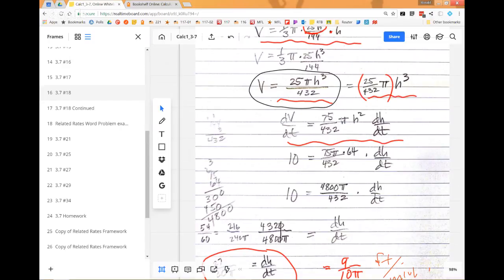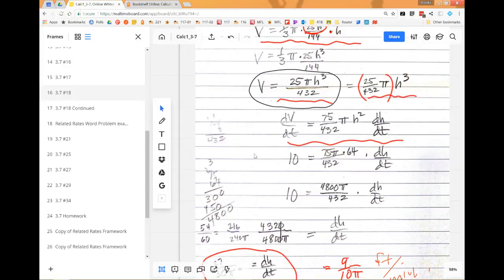Reduce the power by 1, so pi h squared. Otherwise, the 25/432 is a constant. You can just leave that there, so I didn't have to do any differentiation there. Then I have to do the chain rule. I got to differentiate h with respect to t.